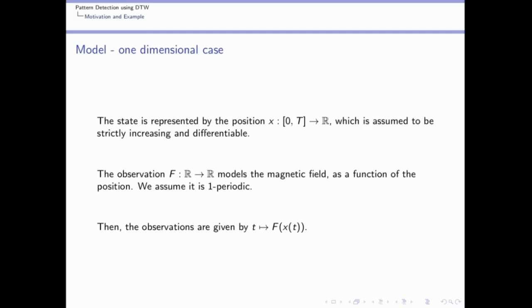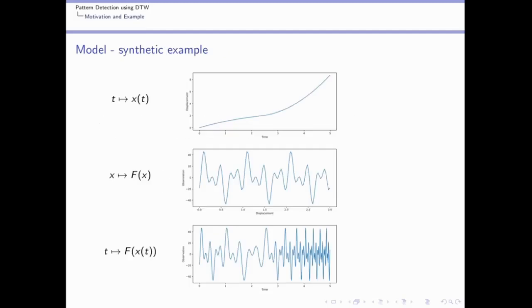To show you a synthetic example, from top to bottom, you have the displacement in time, the observation function, so the pattern, let's say, a few repetitions of it, and at the bottom, the composition, so the continuous version of what we would observe.